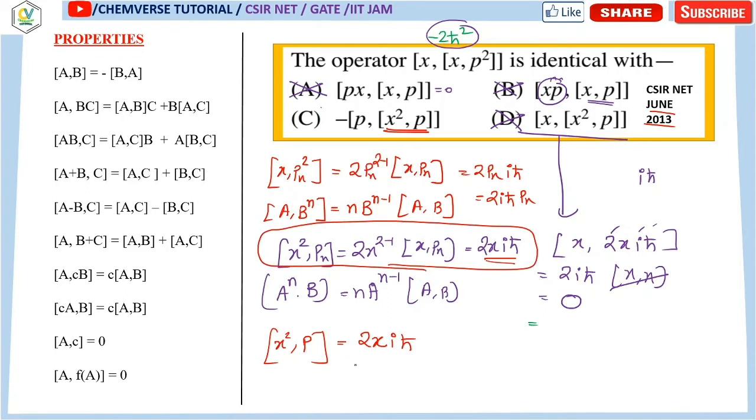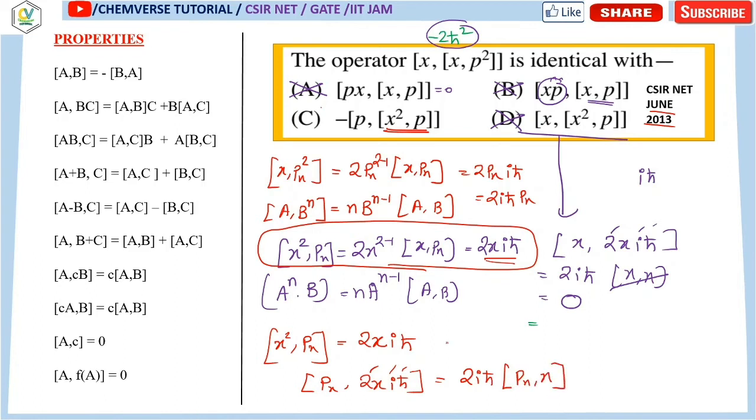Now if there is this p, which is basically the px, this will be x. So px commutation with 2x i h cross. What is the value of this one? Just taking this 2 i h cross, which is constant, outside the commutation, it will be 2 i h cross [px, x].